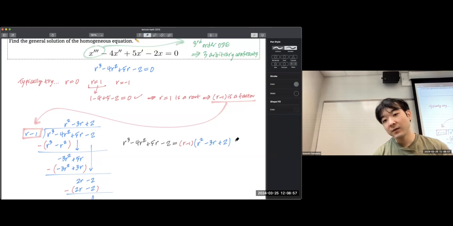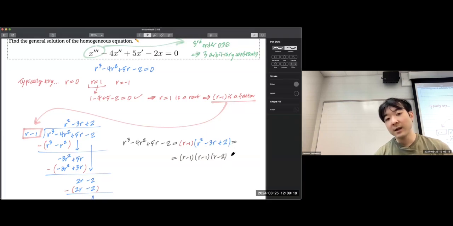And then you can further observe that the r minus 1 is just going to stay. But this r squared minus 3r plus 2 actually factors further to r minus 1, r minus 2, because those work out.